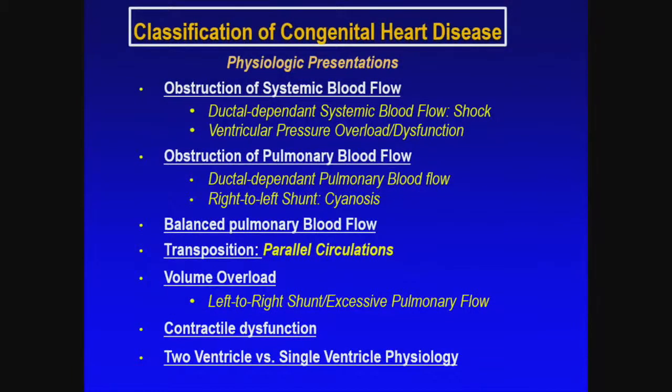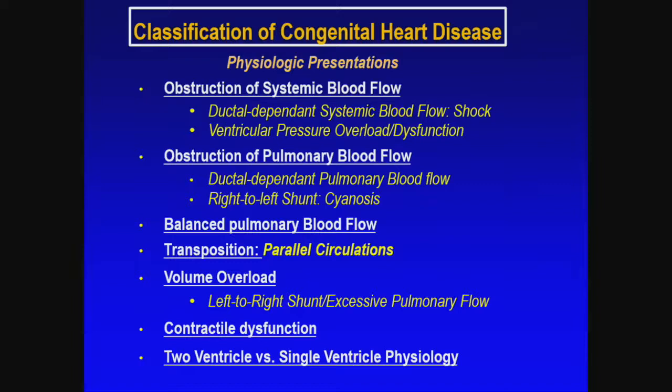Now let's talk about, once you diagnose a baby with congenital heart disease, they can be classified based on physiology into obstruction of systemic blood flow. So you have a ductal-dependent systemic blood flow, and when the ductus close, these babies present with shock, and usually because of acute increase in afterload, there is ventricular pressure overload and dysfunction.